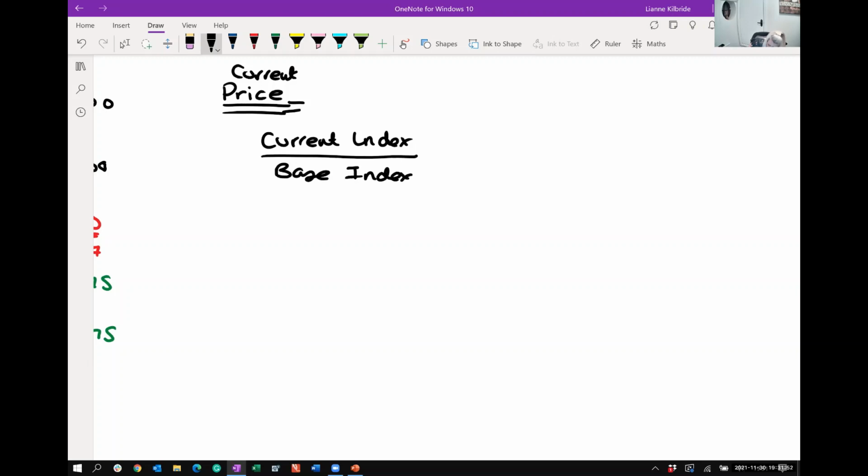If you've got two index numbers, it means you've got to find a cost. So with two index numbers, your current divided by your base, multiplied by your base cost, will give you the current price. You can write that in initials if you want to.